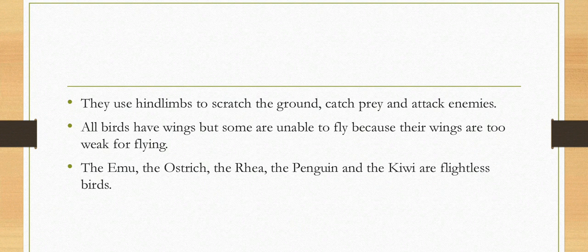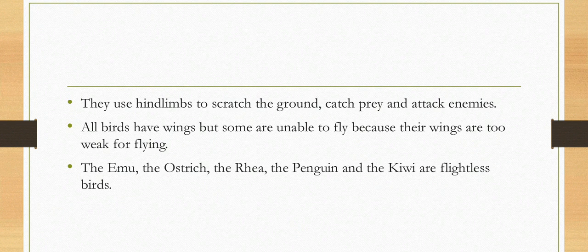They also use the hind limbs to catch prey and to attack enemies. So when they are on land after the flight, they use their hind limbs to walk, run, hop, perch, scratch the ground, catch prey and attack enemies.